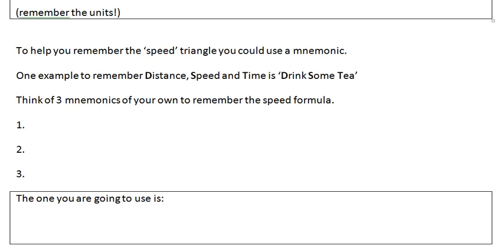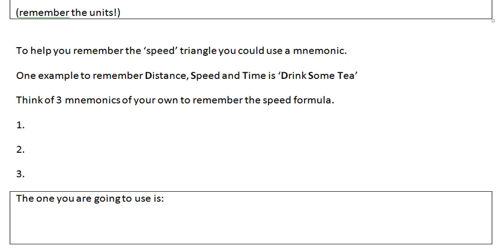To help you remember the speed triangle, you could use a mnemonic. This is a posh word for just a common sentence that helps you remember things in the right order. So you might have heard of some other mnemonics, perhaps the colours of the rainbow would be Richard of York gave battle in vain. So red, orange, yellow for Richard of York.